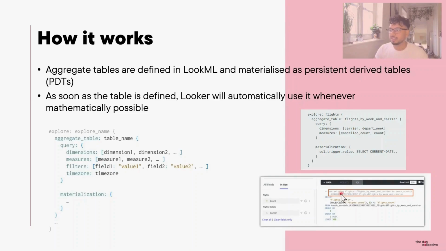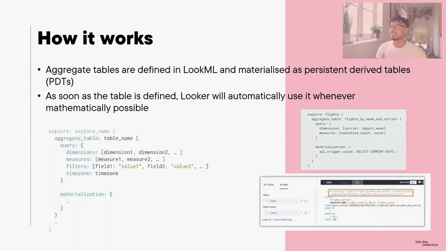So it's saying this is using this aggregate table, which is in a specific scratch schema, and that's what it's called. So users should be fully capable of recognizing when the aggregate query is coming into place.